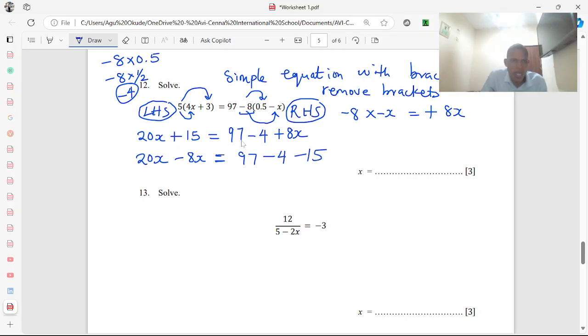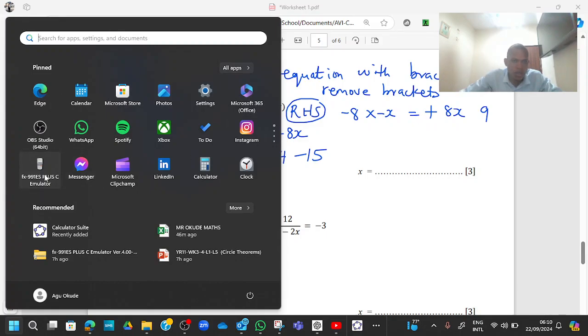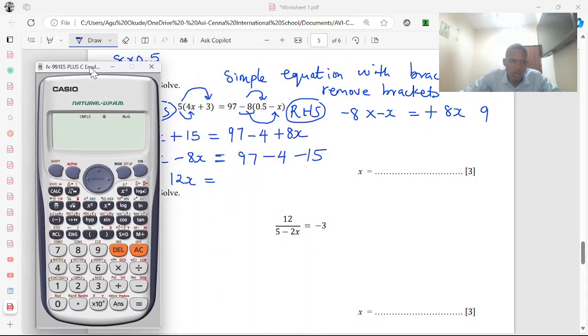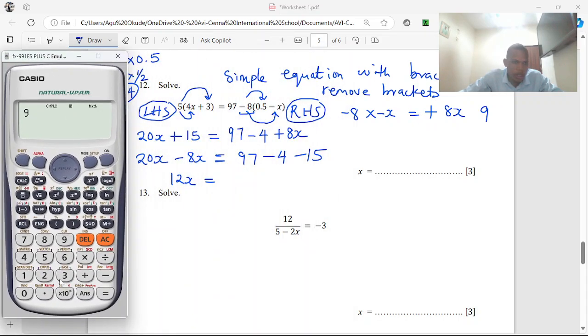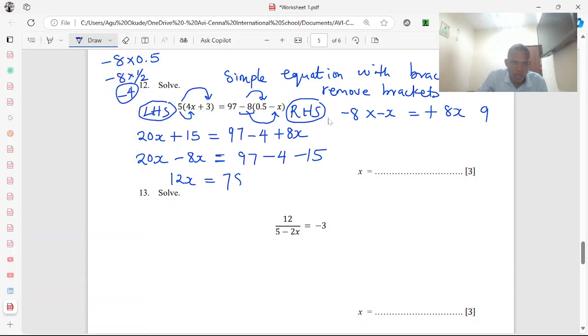Now on my left hand side I have 12x, is equal to 97 minus 4, that's 93, minus 15. So this gives us 78.